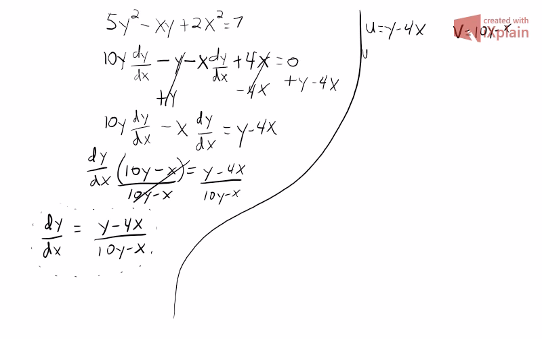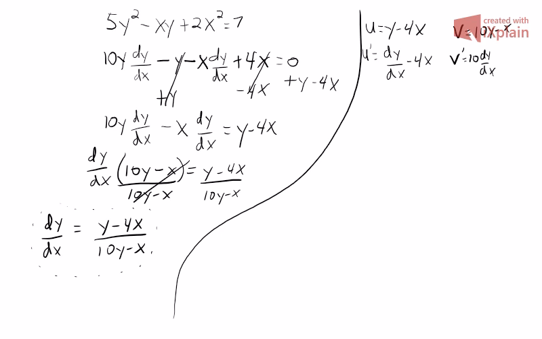U prime, the derivative of y is 1 times dy over dx minus 4x. And v prime is derivative of 10y is 10. Derivative of y is dy over dx.